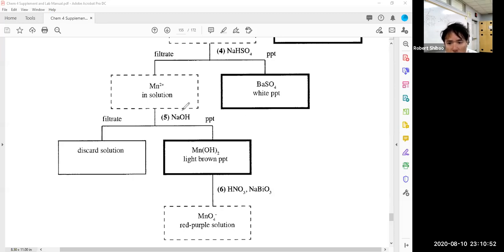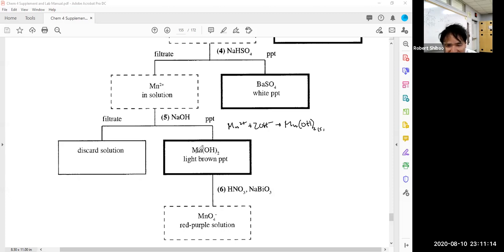Manganese 2+ and 2 hydroxides produces a brown precipitate of manganese 2 hydroxide solid. And so the first positive indication that we have manganese is this light brown precipitate.